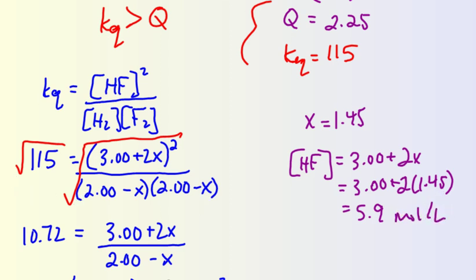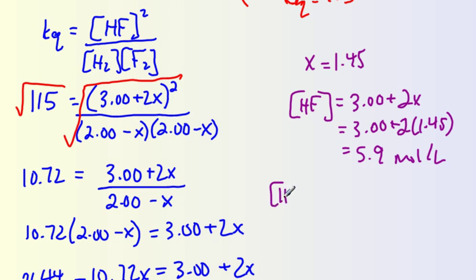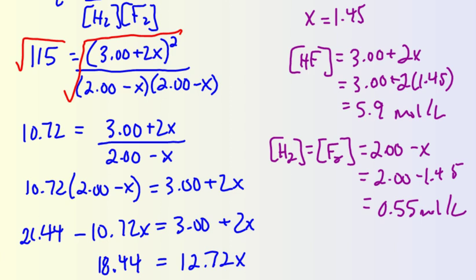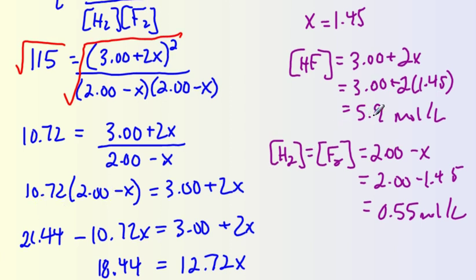And the concentration of hydrogen is equal to the concentration of fluorine, which is 2 minus x, and we get 0.55 moles per liter. If you take these values and sub them back into your KEQ expression, we should end up with 115.